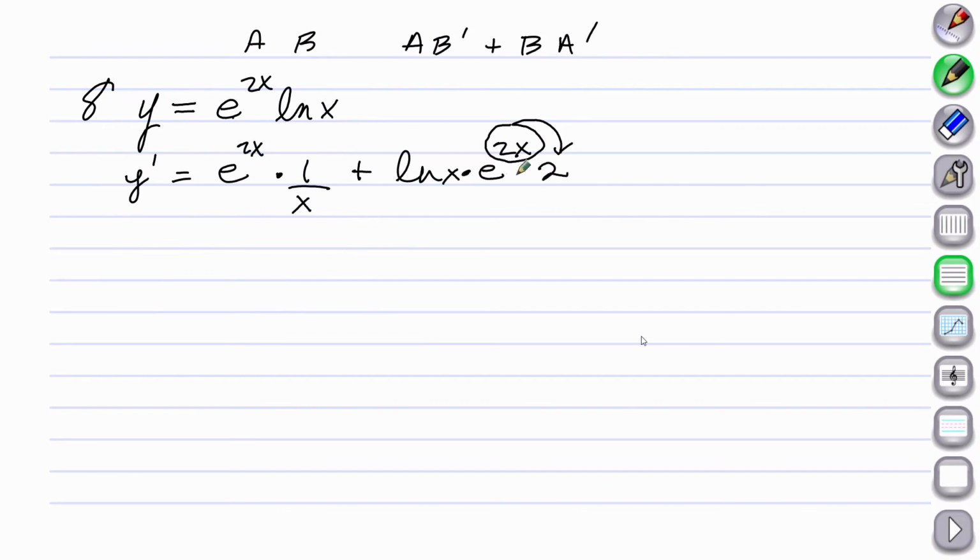Let's put a little times signs there. So that's the tricky part. Because this is not just an x, it's a 2x, we have to take the derivative of 2x. Now we can do several things to it. They both have e to the 2x, which is common to both of these, so we could factor that out.